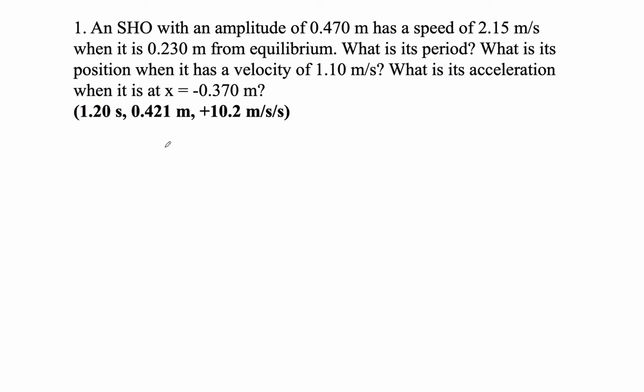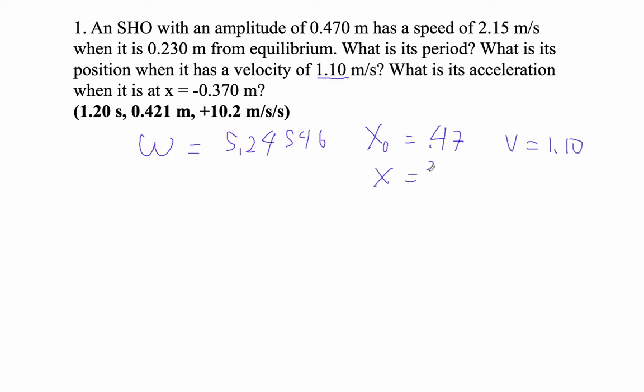Okay, so from the previous problem, we've got omega is 5.24546. We've got that the amplitude is 0.47, and now we know that the velocity is 1.1. And it's asking us what is our position.